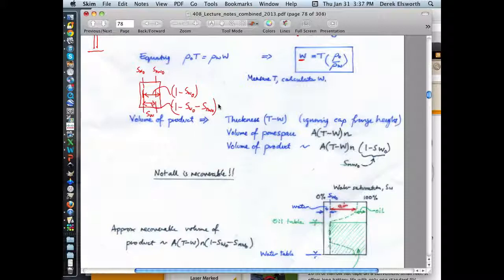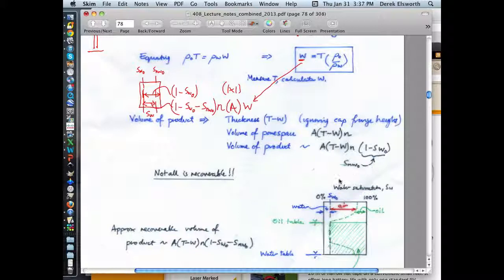The volume is going to be multiplied by the porosity. And if you multiply the porosity by the plan area of 1 by 1, which is just 1 by 1 meters if you like, and the thickness, and the thickness is going to equal this height of the free product, which is this.